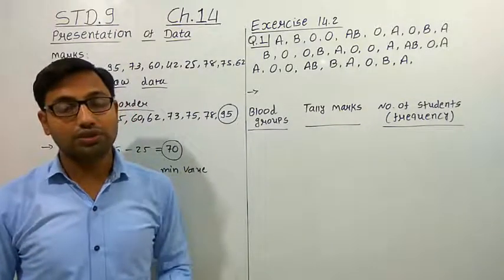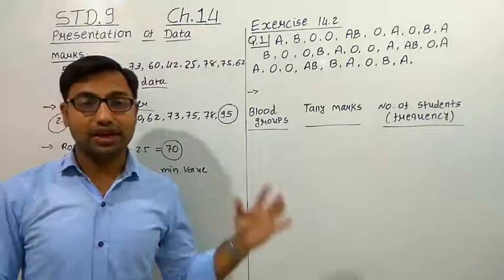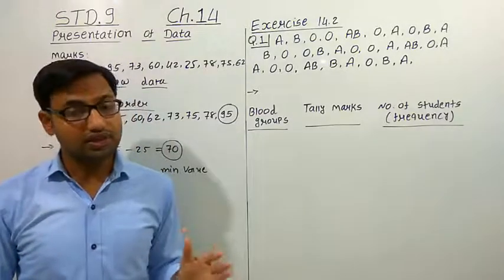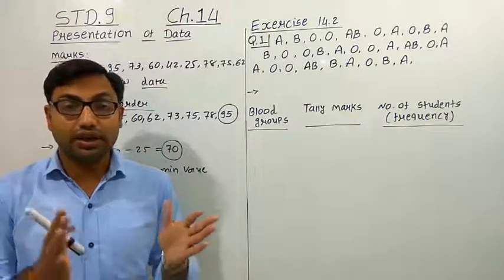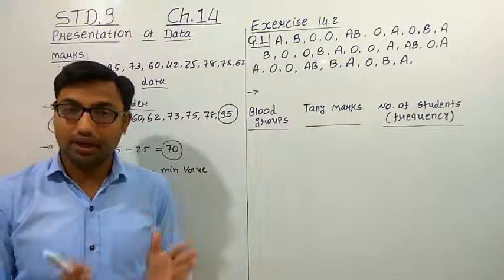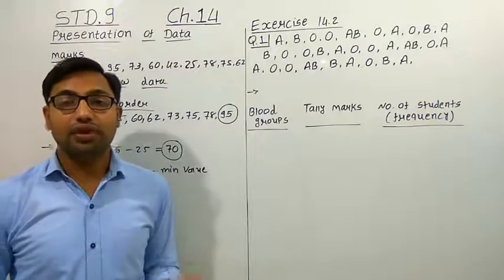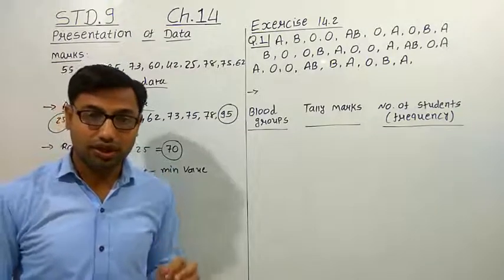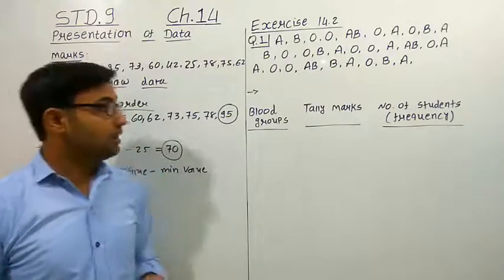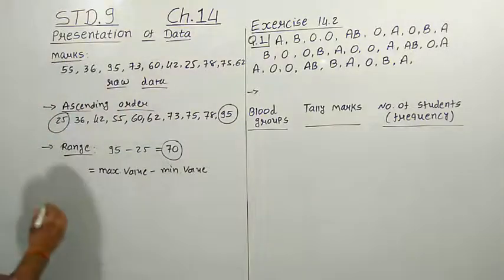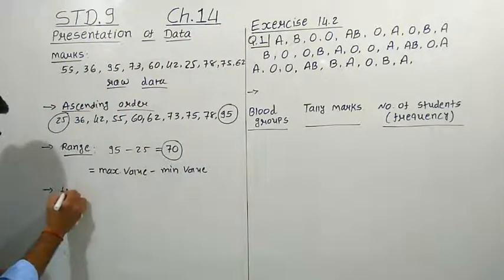So what to do now? To arrange this kind of data, we can arrange it into a tabular form. We can make a table, and that table is called the frequency distribution table.